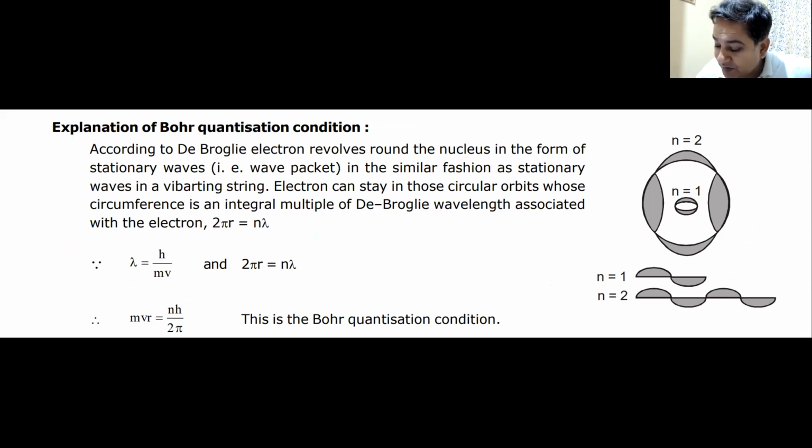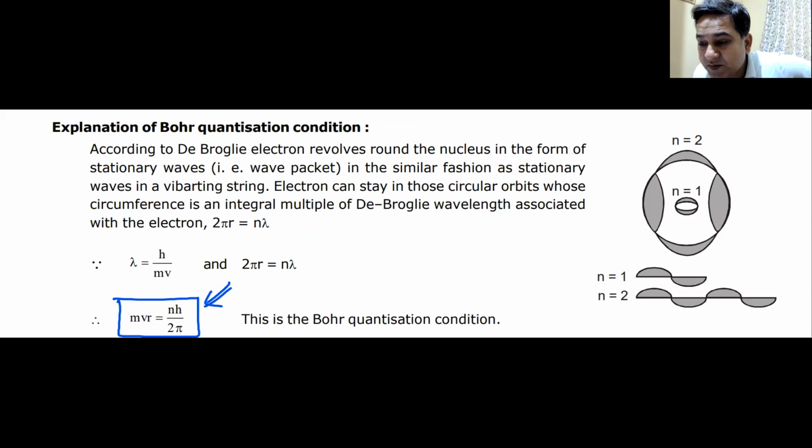The only thing that you must remember is the condition for a Bohr's orbit: mvr, which is the angular momentum, is nh by 2 pi. Do we know this? Yes, sir. Please note it down, because this is very important, as many questions can be solved using this. It is the quantization condition for a Bohr's orbit, for what values does a Bohr orbit exist.